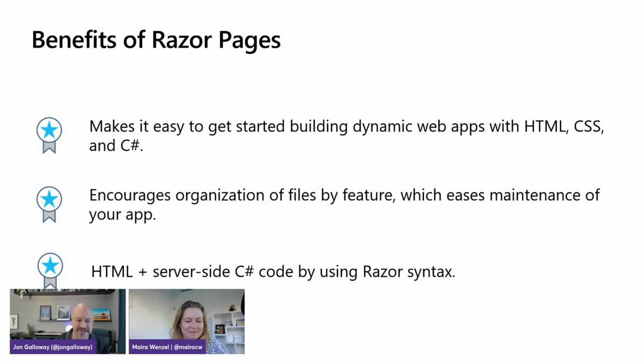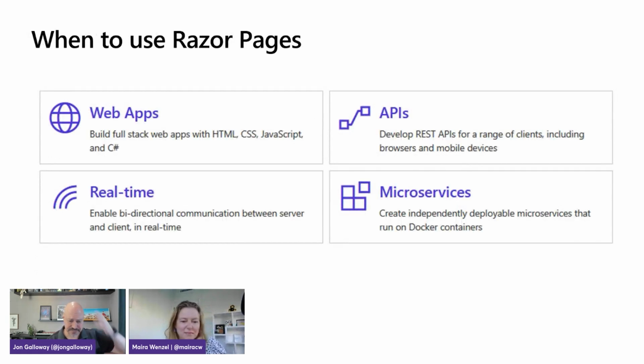All right. And so we kind of think of ASP.NET as a web toolkit. You can build all kinds of things with ASP.NET, and that includes web applications, microservices and APIs, and real-time with SignalR.